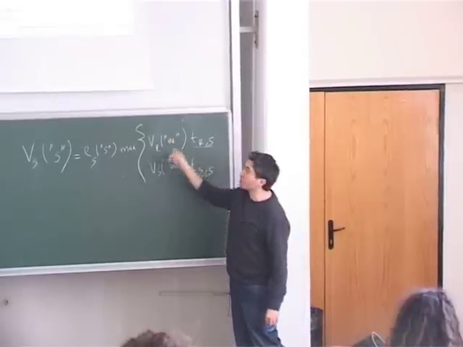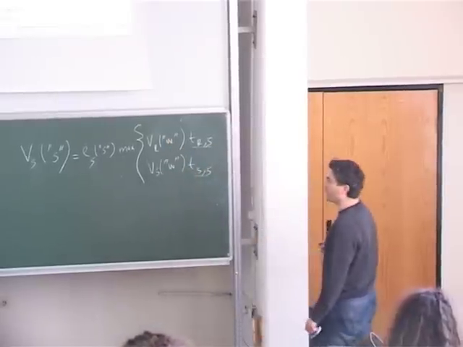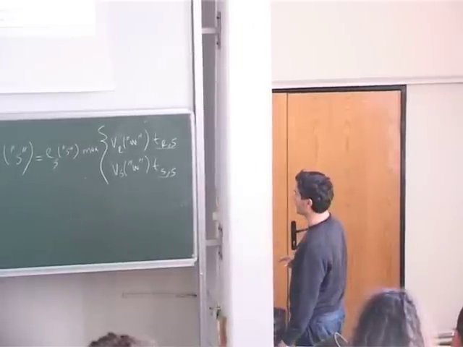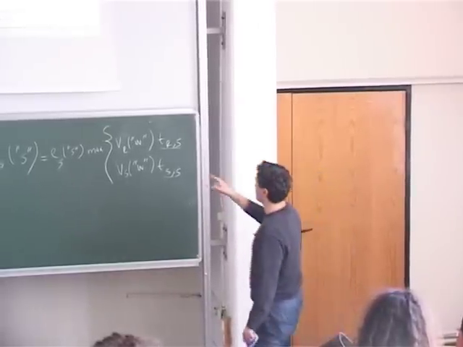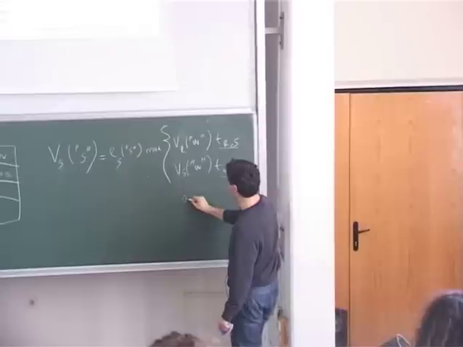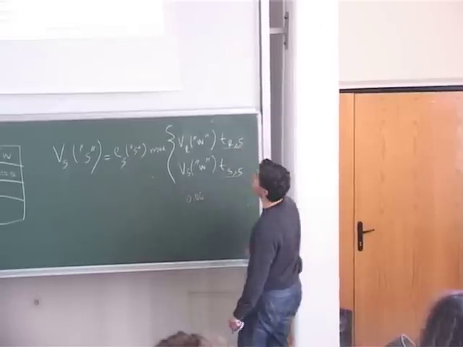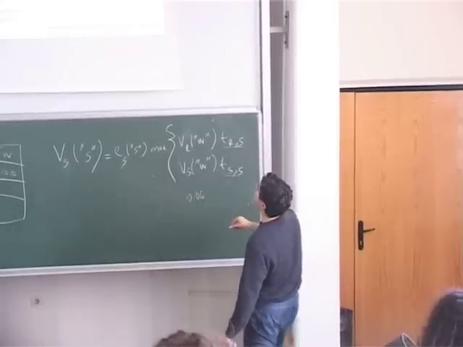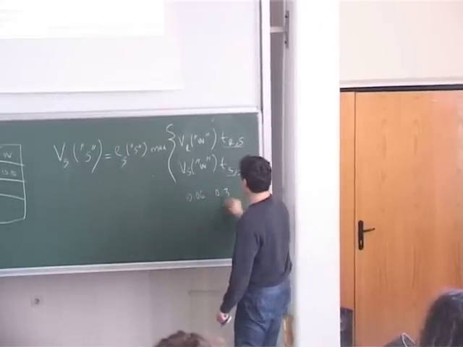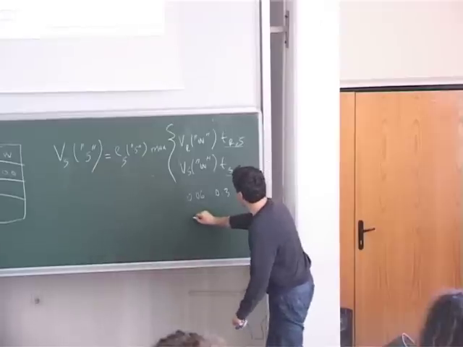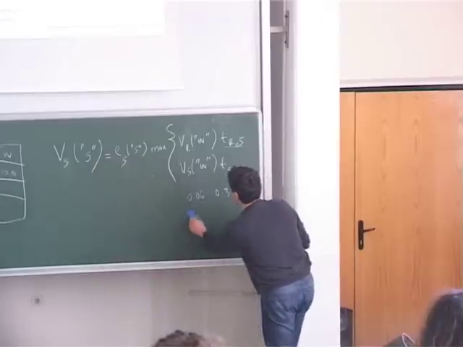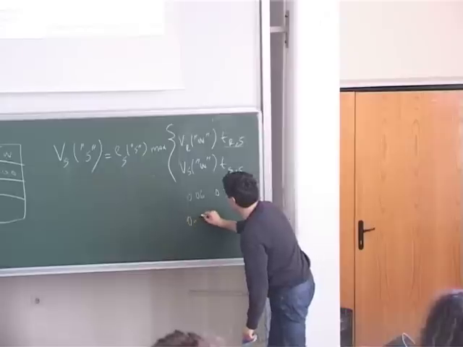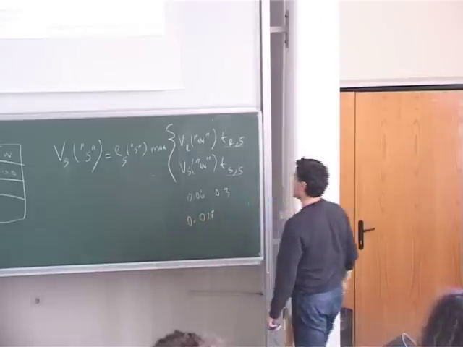We are still going to use the same partial probability, 0.06 and 0.24. So the first one is going to be 0.06 times R to S is 0.3. So it's going to be 0.018. Okay.